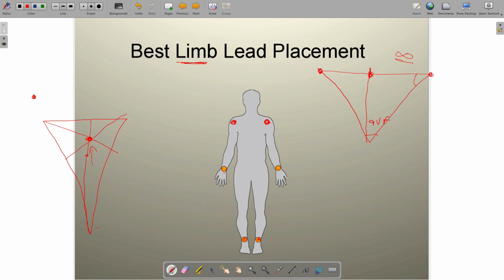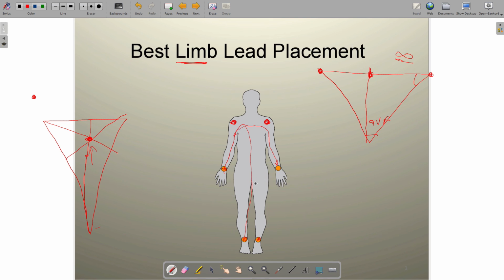So if we're going to move the electrodes anywhere other than the wrists and the ankles where they're equidistant from one another, and remember that even though these guys look like they're closer to one another, they're not really, because electricity has to come all the way back over here and travel all the way down here, which is actually the same distance as going from here to here.